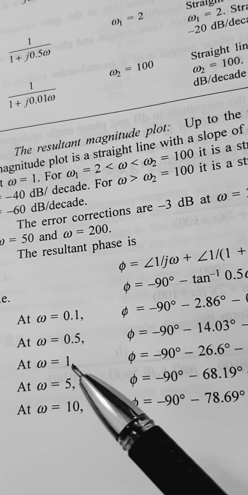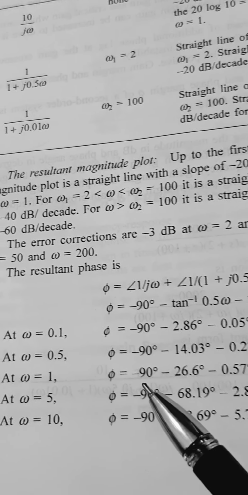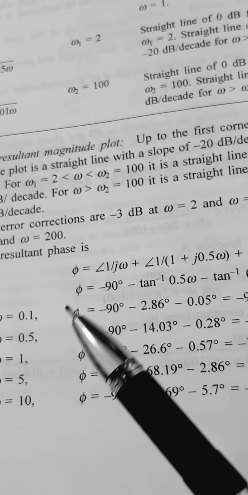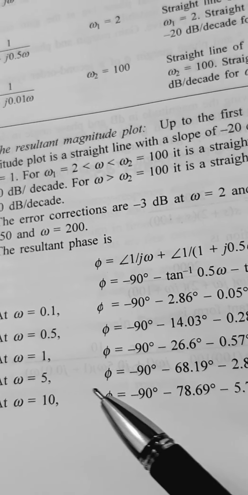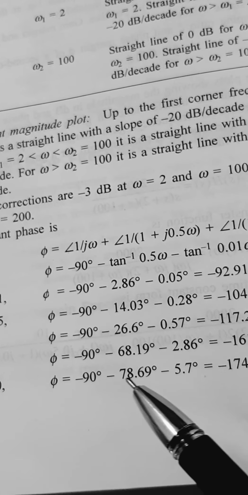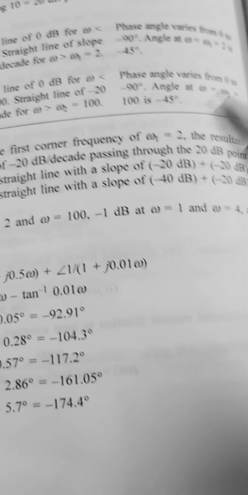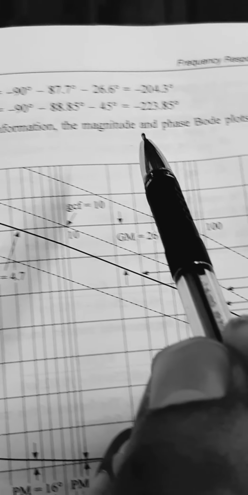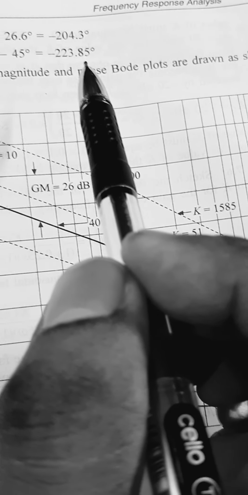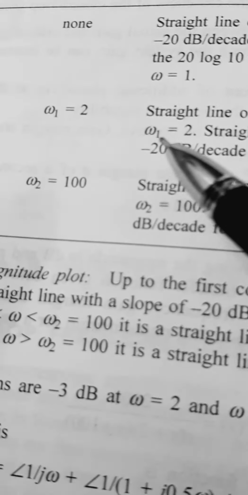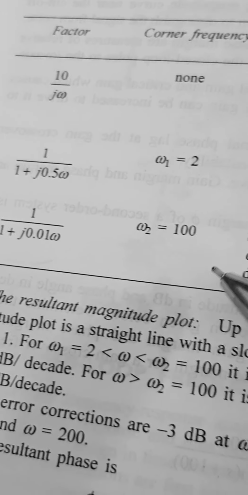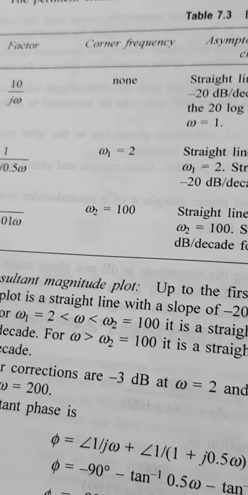When omega is equal to 1, what are you getting, then omega is equal to 5, then omega is equal to 10. What is the angle? Then omega is equal to 50, and omega is equal to 100, that also you need to find, because we need to cover all the corner frequencies also. So like that you have to draw it.